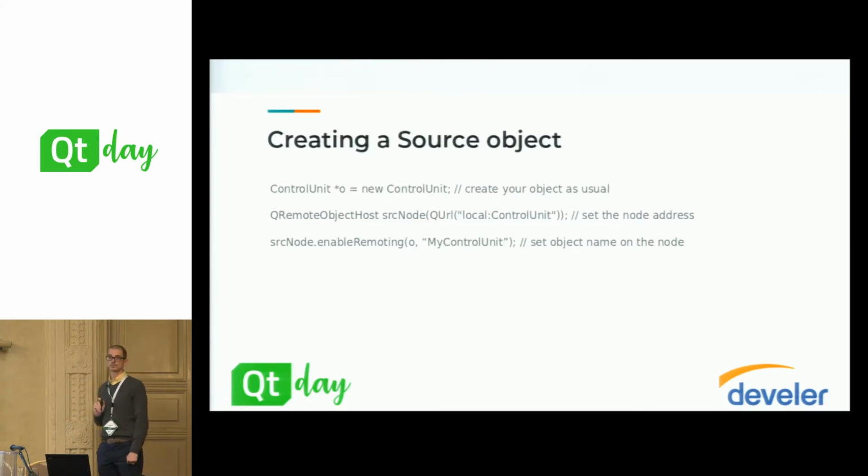Why do you need a name? Because a single source node may be sharing more than one object. Why not? And so whenever a client needs to acquire a source, it needs to distinguish between different objects. So we need to name each object we are sharing.